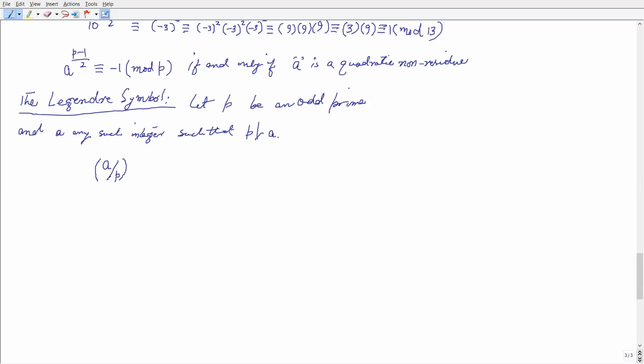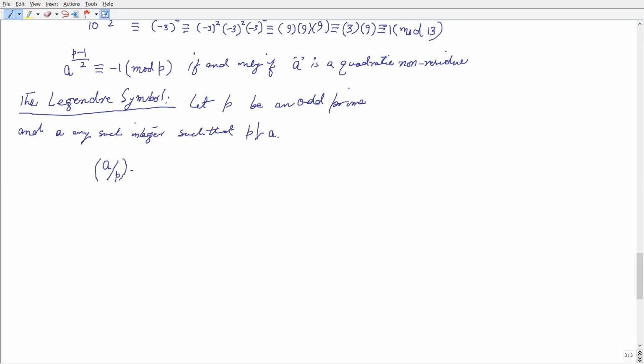It doesn't mean that P is dividing A or that it's a quotient of A and P. If we write an integer over an odd prime P in parentheses, it means it's a Legendre symbol.